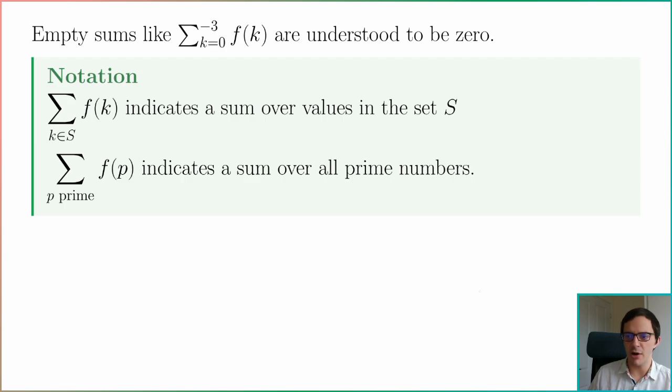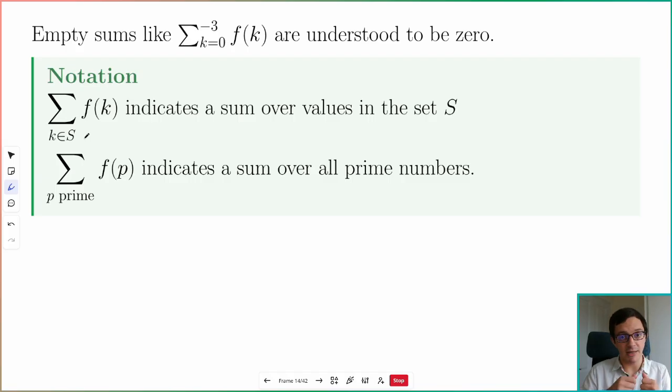So we might sum over the values in a set S if we want to look at particular values, in which case we're only plugging in the values that are in S. And sometimes that might even just be described in words. I've seen people use notation where they just say P prime, to mean evaluate this function on all of the prime numbers and add up the results. But I'm getting ahead of myself a bit.